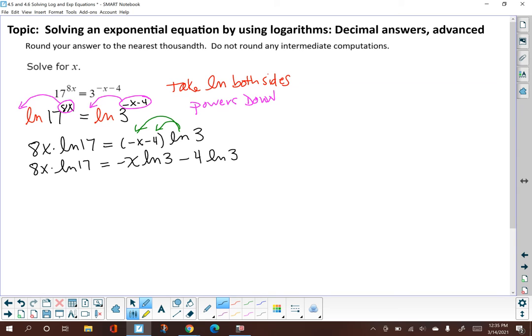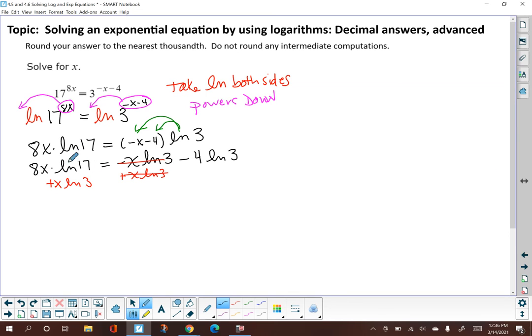Okay, so you can see that I now have two terms that have an x in them. I have this term over here with an x, and this term over here with an x. So I want to collect those together. I'm going to add that x log 3 to both sides of my equation, so that it cancels out from this side, and I've collected all the x's together.